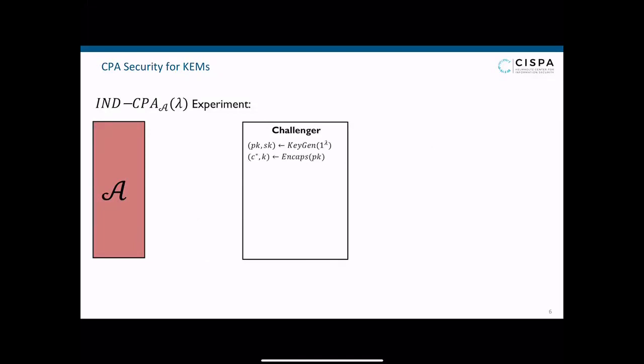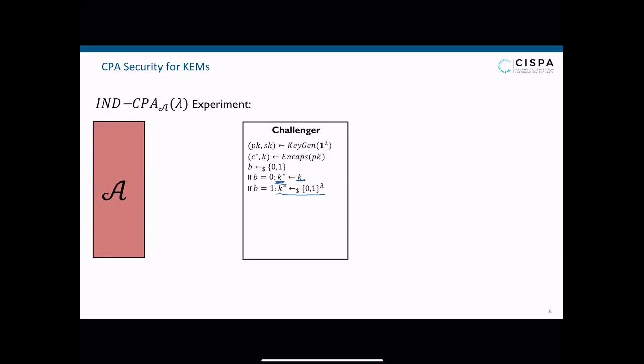The challenger chooses a key pair PK, SK, and encapsulates a fresh key K. Now it chooses a bit B. If B equals 0, then it just sets K star to this key we just created with the encapsulation algorithm. If B equals 1, we choose a fresh and uniformly random key K star.